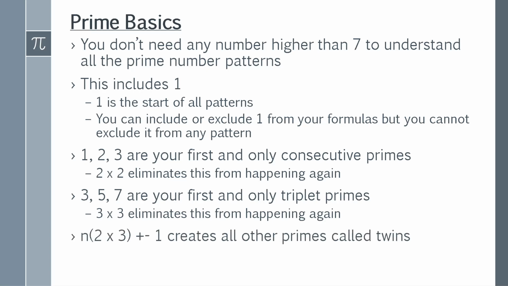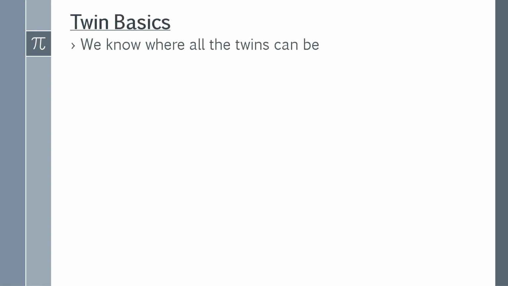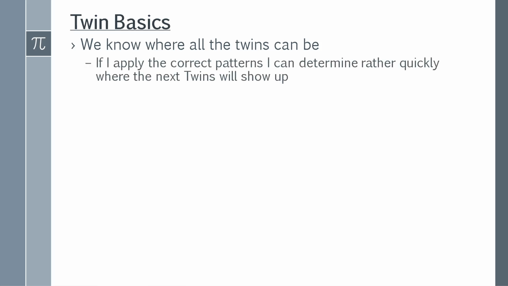2 times 3 creates the twins. 2 times 3 plus or minus 1, and all the rest of your primes are based on that. So we know where all the other primes can be; they're going to be the twins. If we apply the correct patterns, we can rather quickly determine where we're going to see the next set of twins, the next prime.